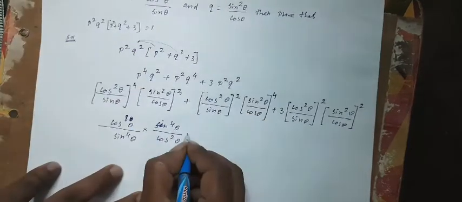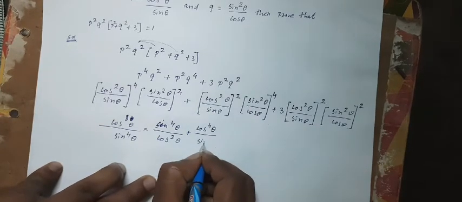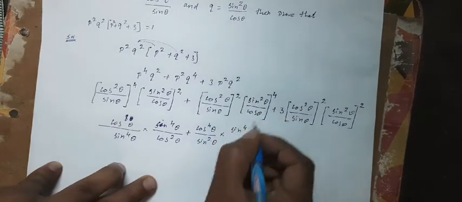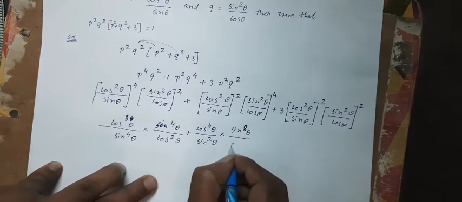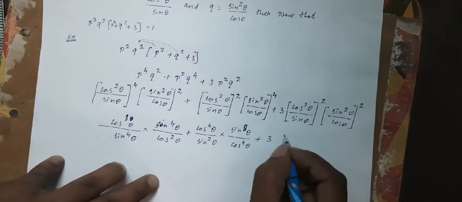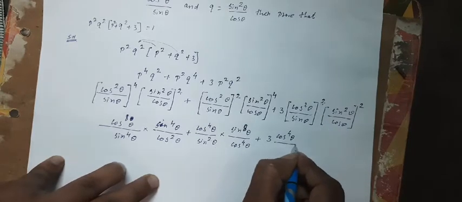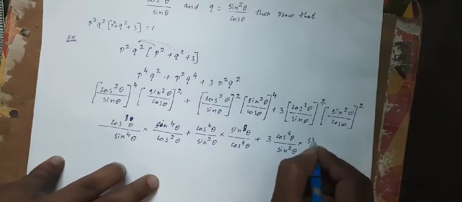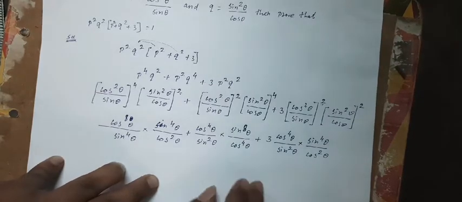And then same here plus cos power 4 theta by sin square theta into sin power 4 twos are 8, sin 8 theta by cos 4 theta, plus 3 cos square theta by sin square theta, and then into sin power 4 theta by cos square theta. Okay?